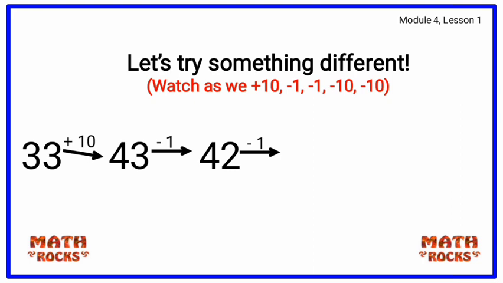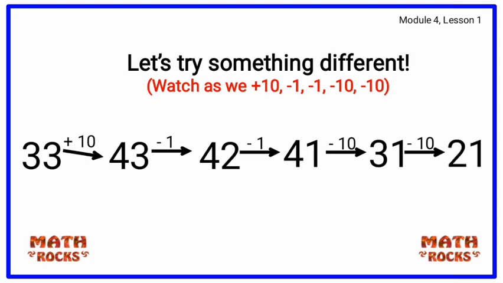What should my number be now? Should I say 52? No, it's 41. Now, what is 10 less of 41? It's 31. And what is 10 less of 31? Good, it is 21. You see?